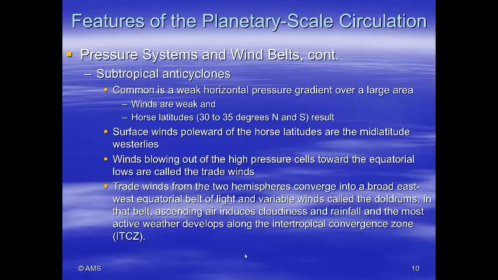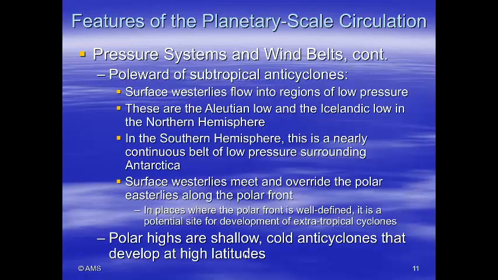In this belt, ascending air induces cloudiness and rainfall, and the most active weather develops along the intertropical convergence zone, the ITCZ, as we showed on the map.